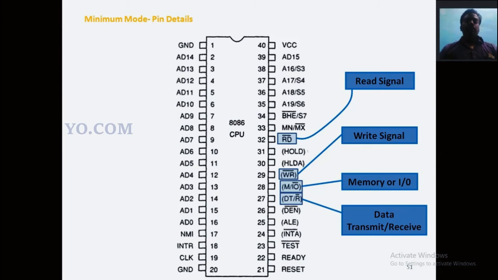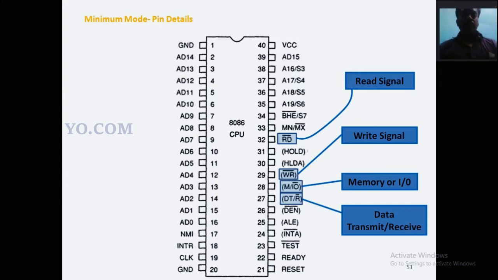If you want to perform the read operation, then 32 is enabled, 32 equals 0, then 29 equals 1, because we are going to do a read operation, not a write operation. Then where we are going to read, whether from memory or from IO, is the important thing, so pin number 28 is considered.